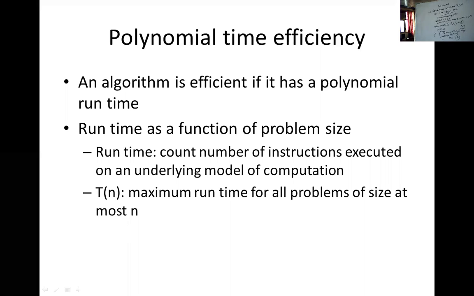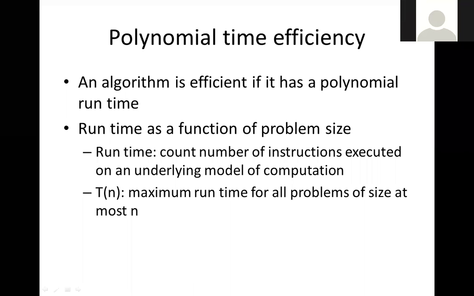I think we are left with only 5 minutes, so let's do the poll. Students, is this clear? What is polynomial time? Anyone who can unmute and tell me? Yes, ma'am.